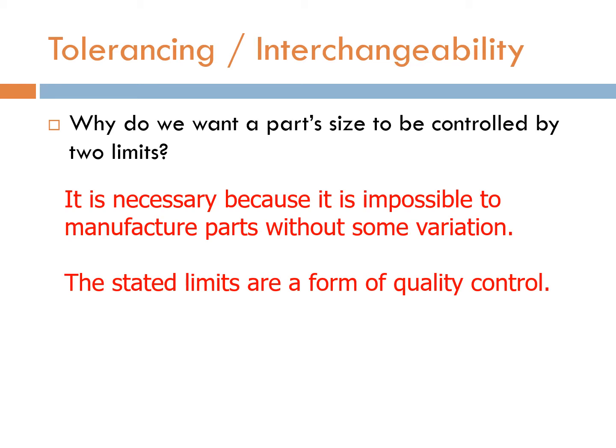But if you can make the tolerance small, that means you have very good quality control to keep the variation of the size to a minimum. But it doesn't come for free. It comes with a cost. To make things more exact, with smaller tolerance, you have to pay a cost to control the manufacturing process. So that's the cost, and that's the trade-off.